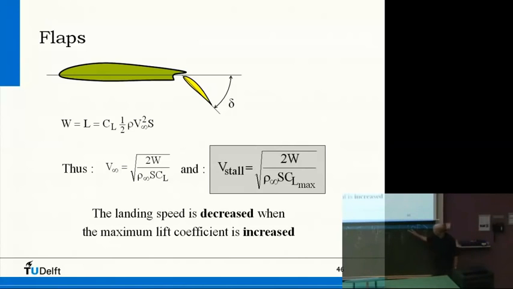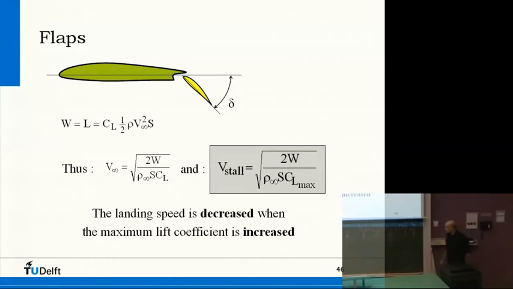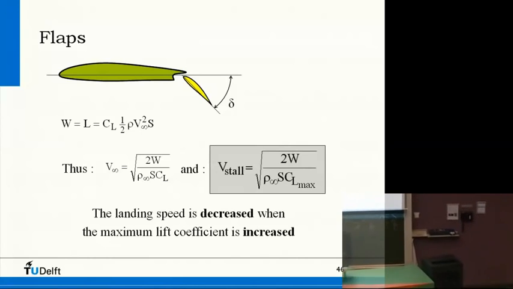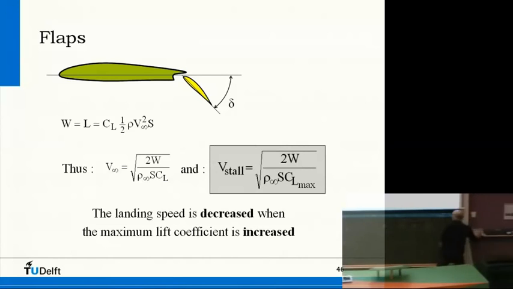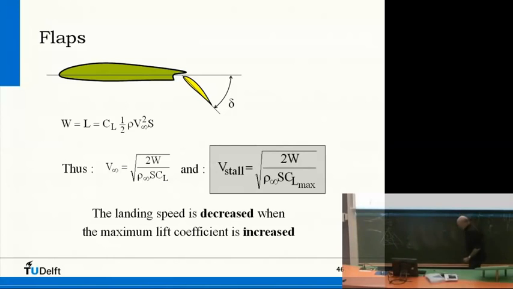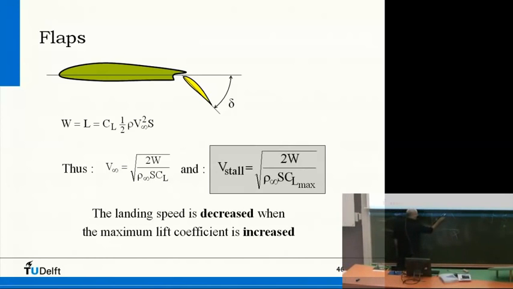And then the only thing you can do to counter the velocity going down is to increase the CL. And how would you increase the CL? Well, if you look at the lift curve, then your cruise lift will be right here, and to go up in lift is like this.